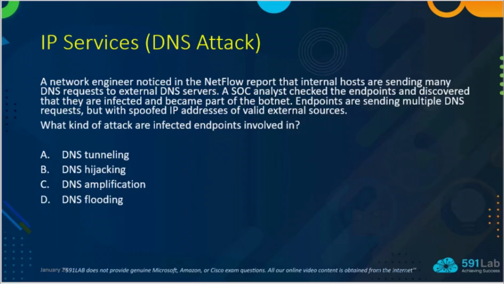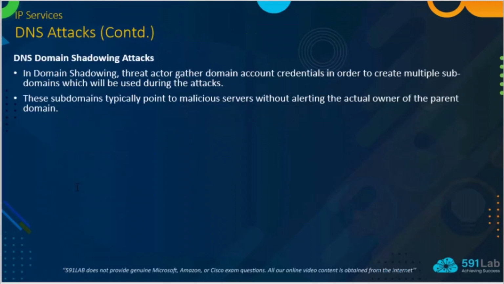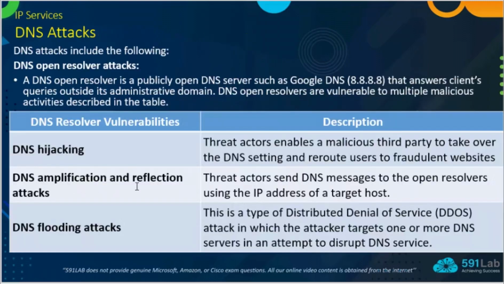But if you look at our option C, which is DNS amplification, if you come back here, you can see that threat actors send DNS messages to an open resolver using the IP address of a target host.